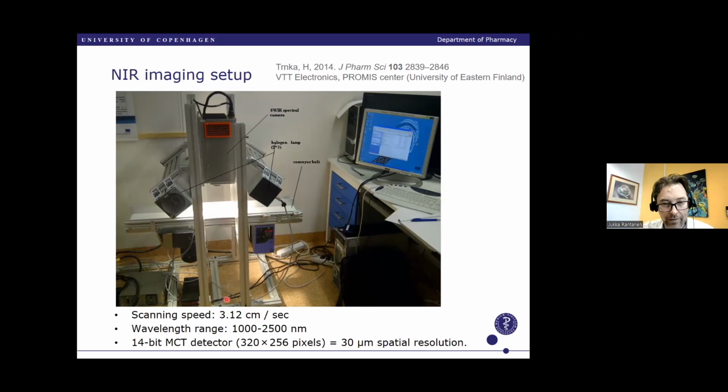This is fascinating because you can do it quite fast. We can measure several centimeters a second, and if you measure 10 centimeters a second of this quite broad conveyor belt, you can take a chemical map of hundreds of tablets in a minute. That would be quite useful information for a continuous production line.